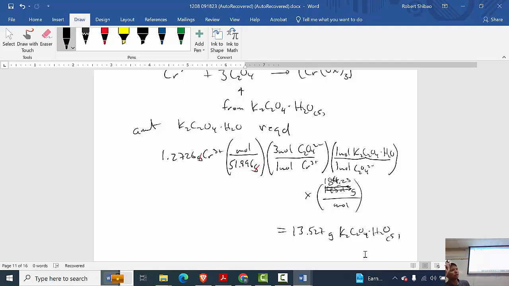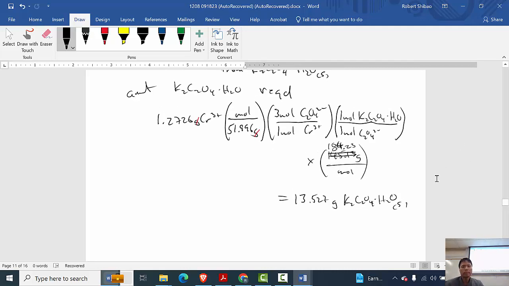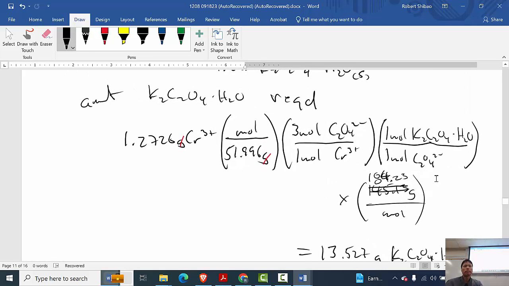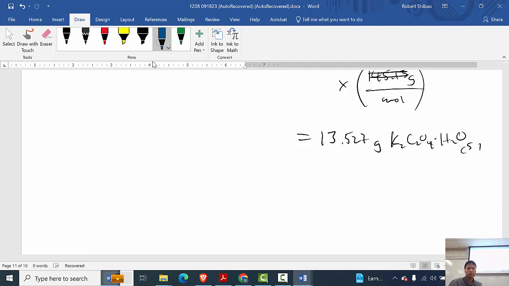How much did the procedure say to use? Sorry, can you repeat that one more time, Tristan? 4.2. Procedure called for 4.2 grams.